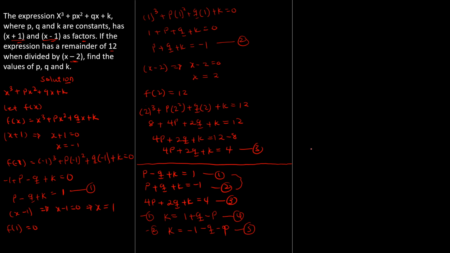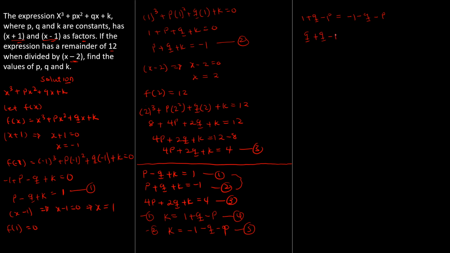Okay. So with this, I can equate k is equal to k. That means this is equal to this. So from here, I can say 1 plus q minus p is equal to -1 minus q minus p. From here I can group like terms. I'll shift this here, and I can say q, and then I'll bring this q here plus another q.